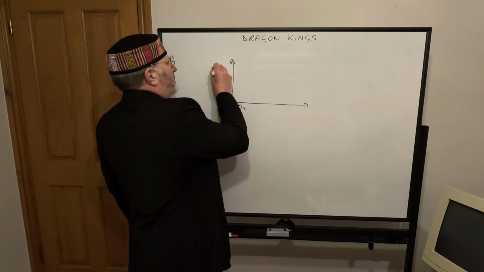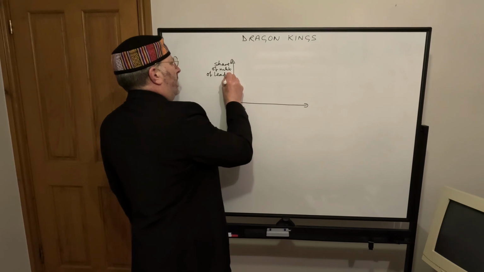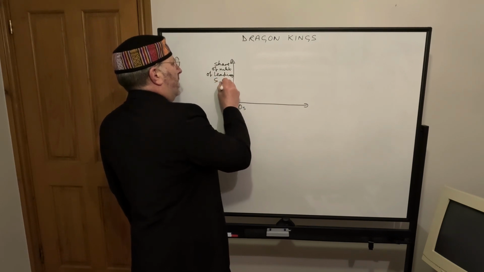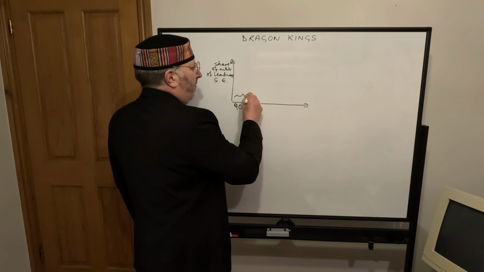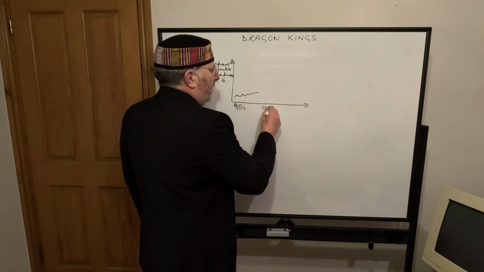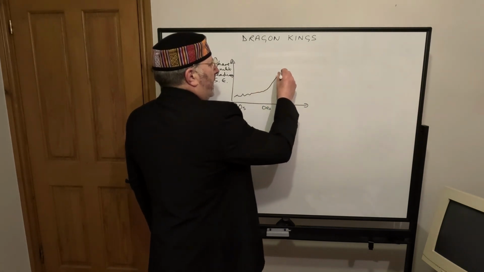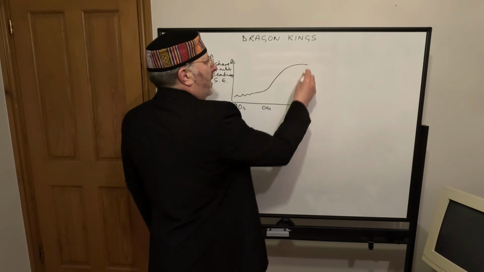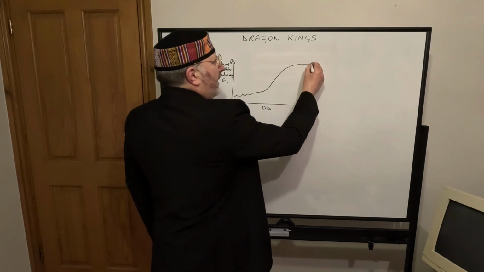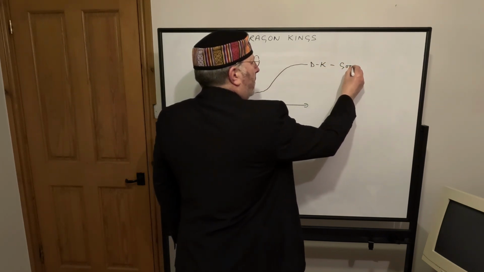So the share of the market of the leading search engine was fairly low, but then starting in the noughties, it suddenly increased, and you got a Dragon King, which is of course Google.